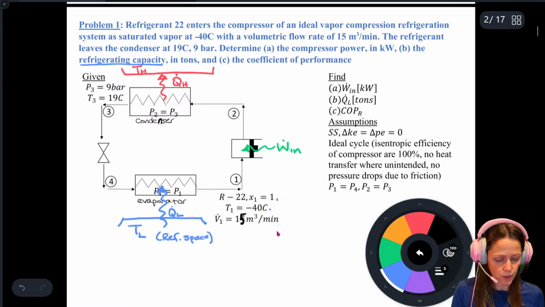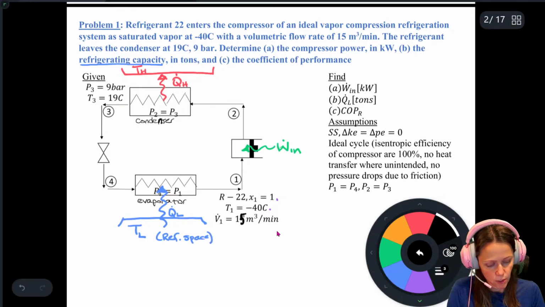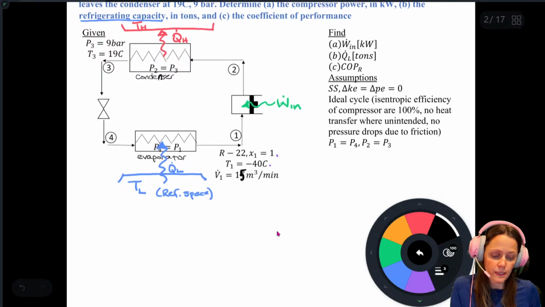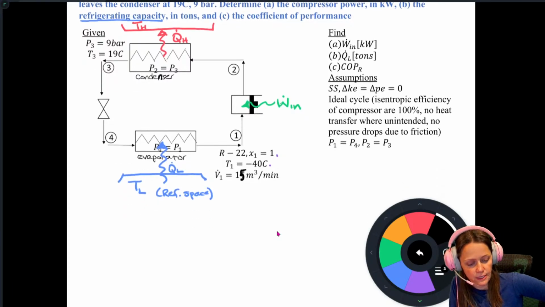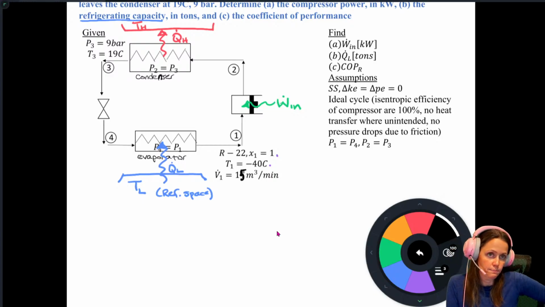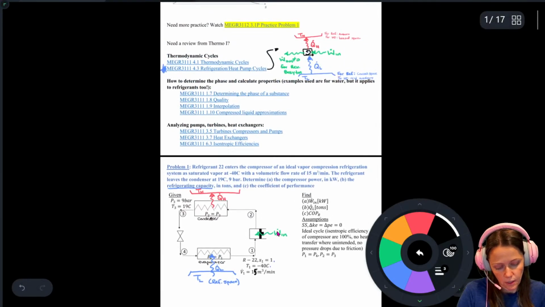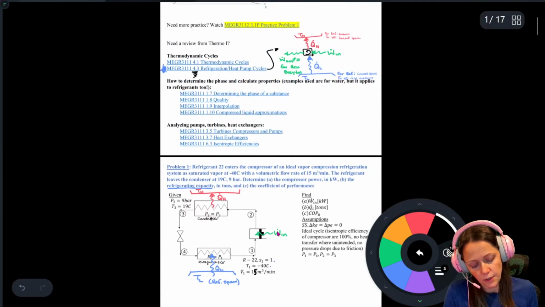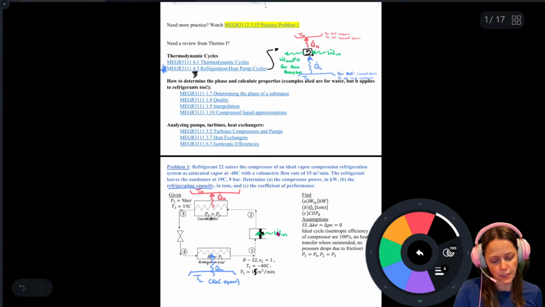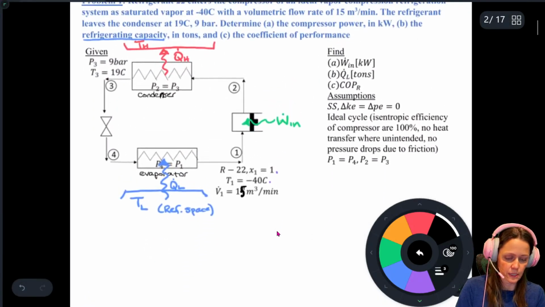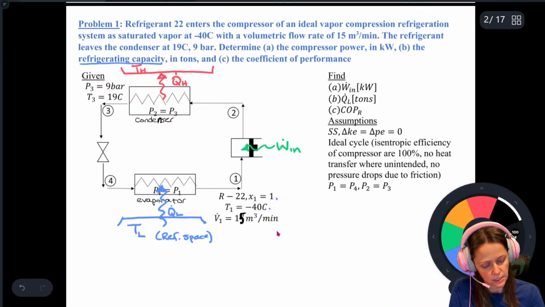Okay, and then we also want to find the COP. COP is another one of those terms that's covered in that Thermo 1 Unit 4 video, video 4.3 on refrigeration and heat pump cycles, but we'll go over it again in just a second as we get our governing equations.